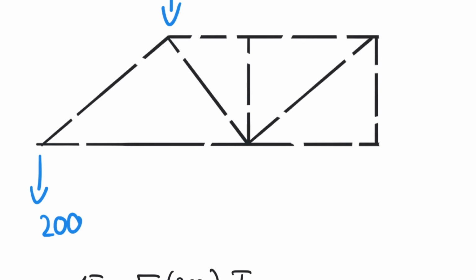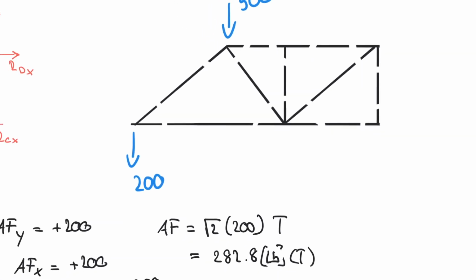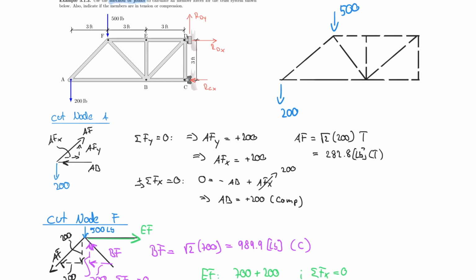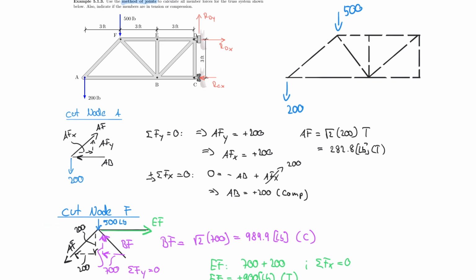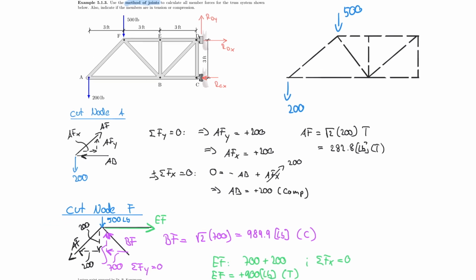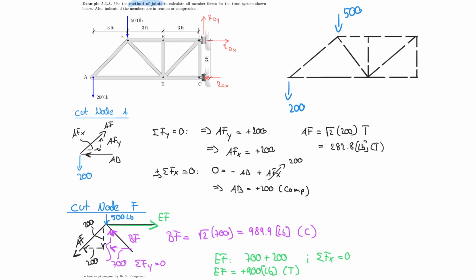And the ones that I already calculated are the ones on the far left, and I have to, of course, find my answers here. So AF was equal to 282.